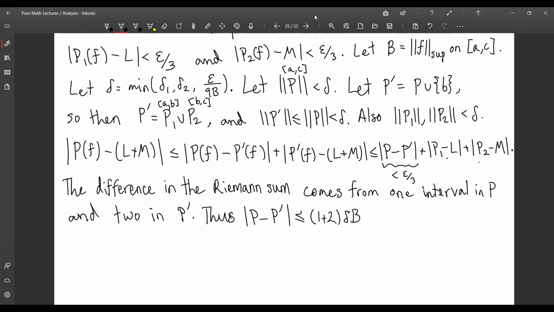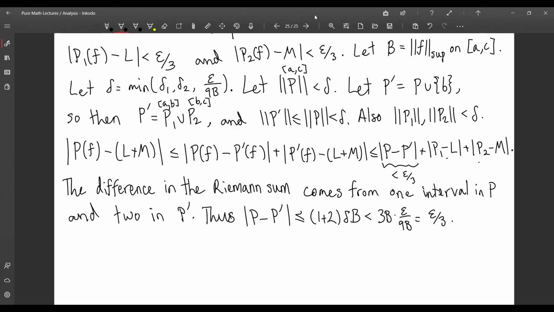It's how big can the absolute value of f be? And so we know delta is less than epsilon over 9b, so this is 3b times epsilon over 9b, which is epsilon over 3.